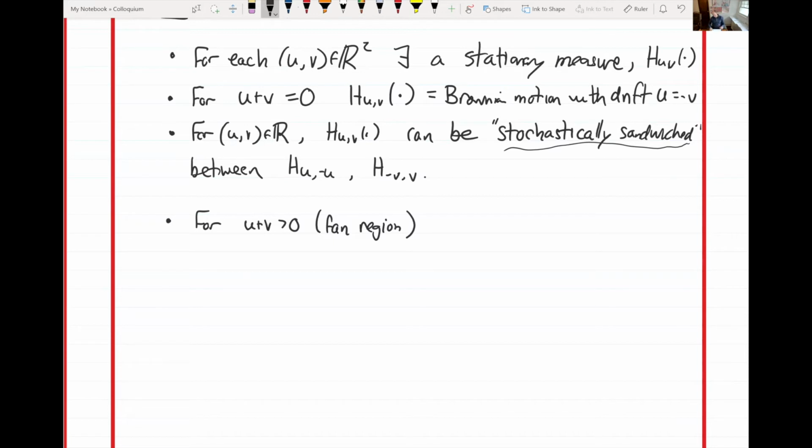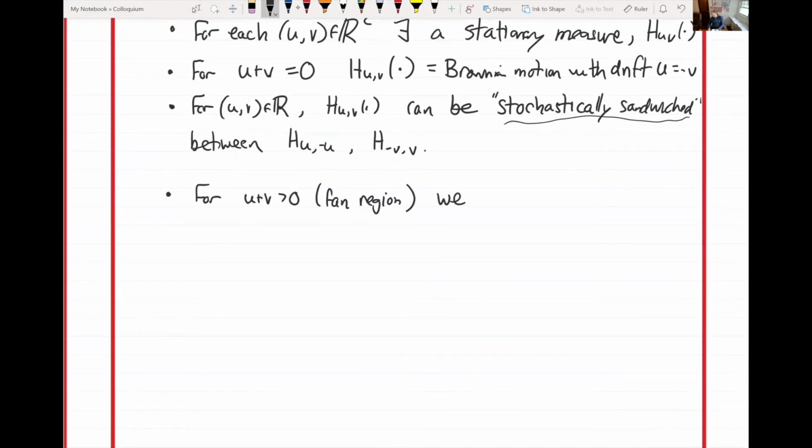So for the fan region, we completely characterize H^{U,V}. The way that we do it in the paper is via its multi-point Laplace transform.